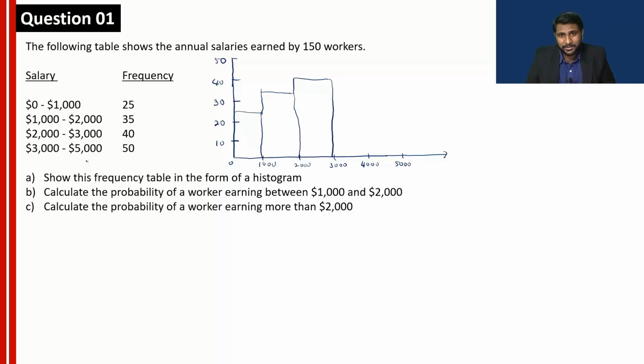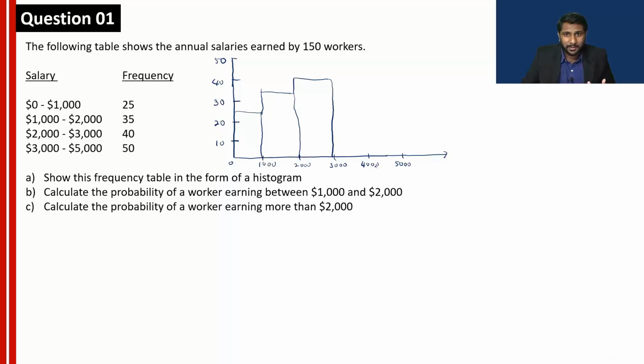So when you are drawing a histogram, the height of the bar will not represent the frequency. Actually, area is what will represent the frequency. Okay. So if you take this particular scenario from 3000 to 5000, you have two classes.